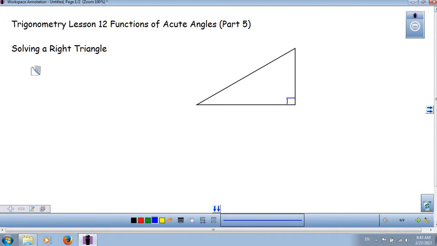So solving a right triangle is to find all the sides and all the angles of the right triangle.